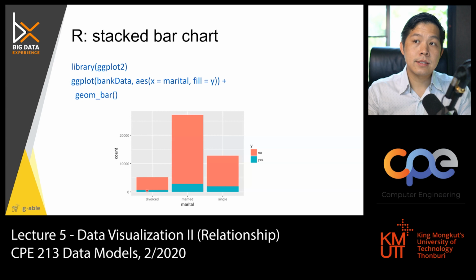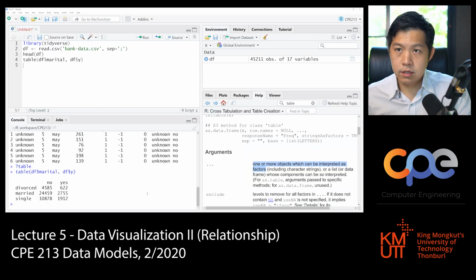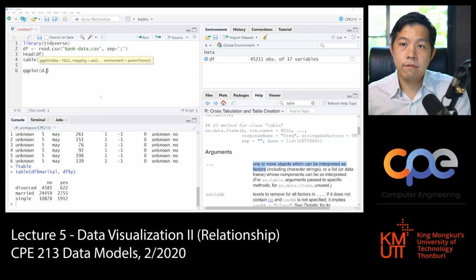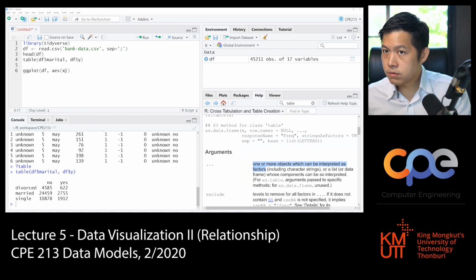In any case, let's start with the stacked bar chart first. What I'm going to do is to use ggplot, doing the same thing as before with df, and then map the aesthetic of x to be equal, I used geom_bar, right?